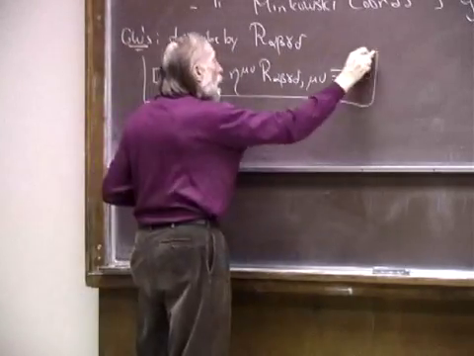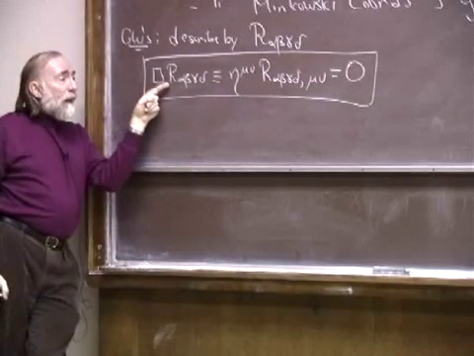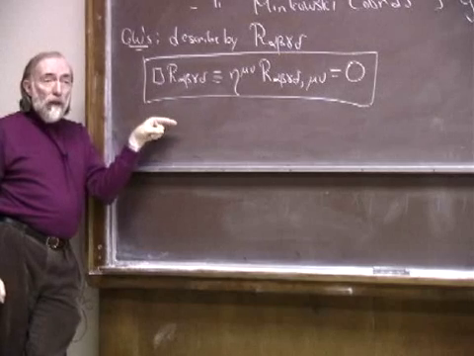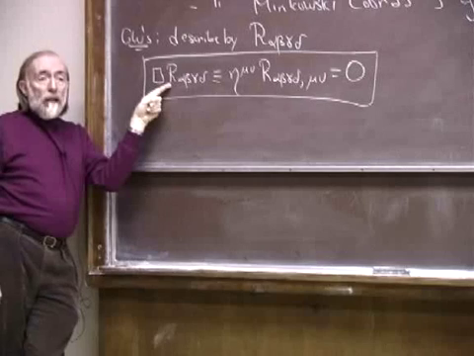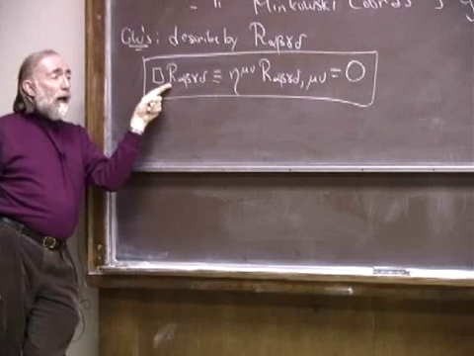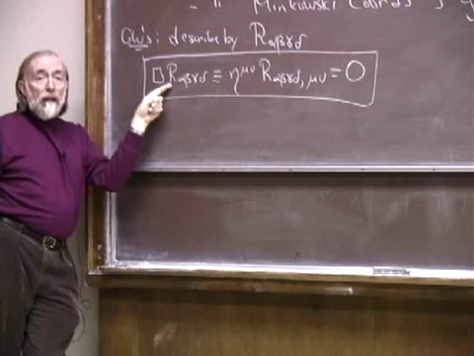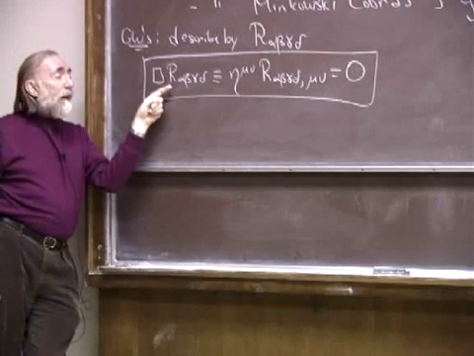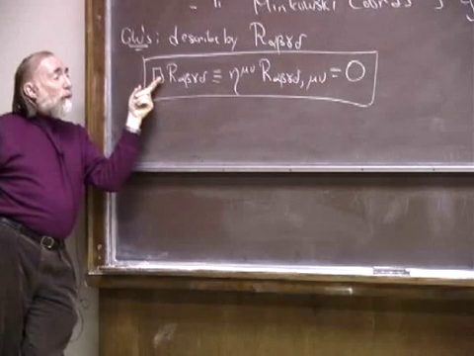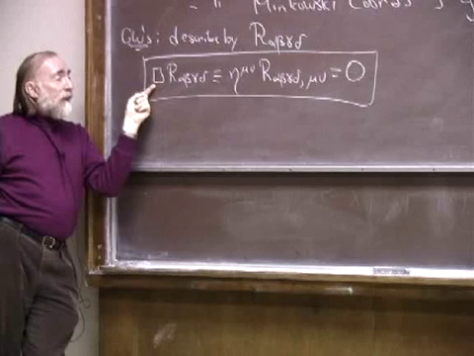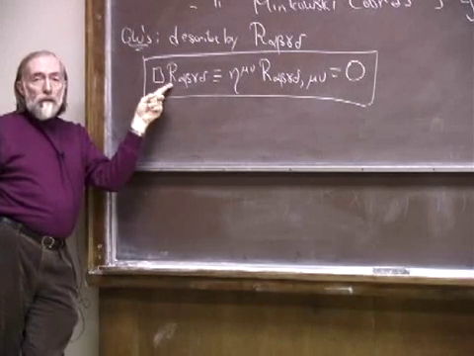I also ask you in the problem set to derive an analogous exact equation. This is only approximate in these circumstances. An analogous exact wave equation for the Riemann tensor when this is not a weak gravitational wave, but it is in vacuum. So it's just an arbitrary Riemann tensor in vacuum, and you'll discover that you have a wave equation for the Riemann tensor that is similar to this, but in curved space-time with some self-coupling of the Riemann tensor.